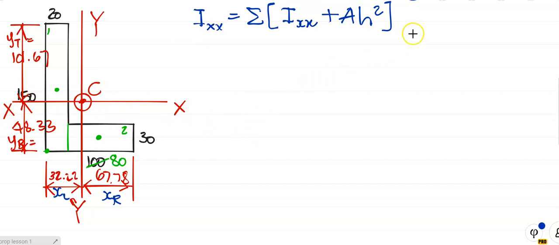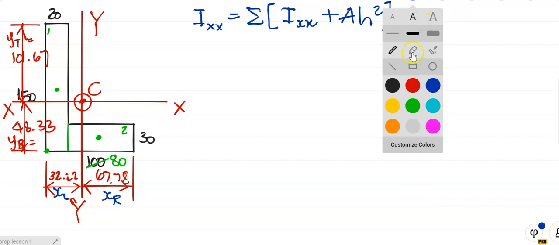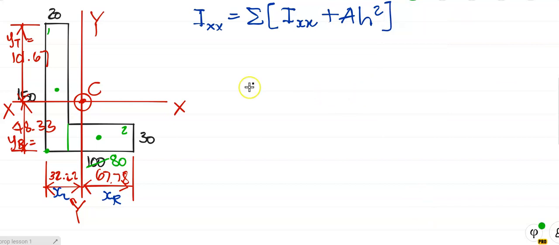If you cast your mind back, that there is the x. This drawing is going to get very full.